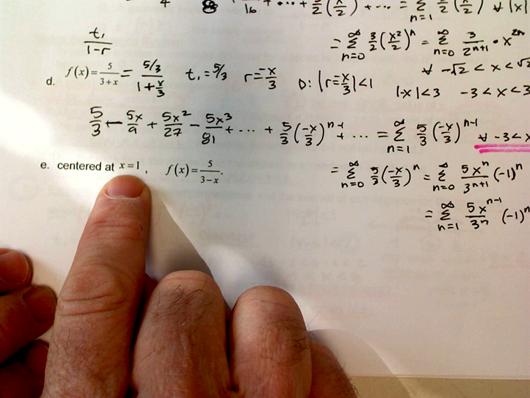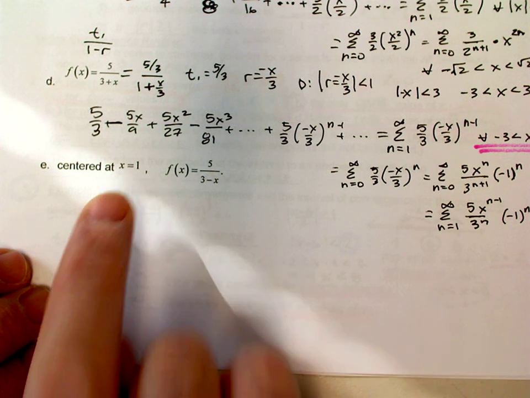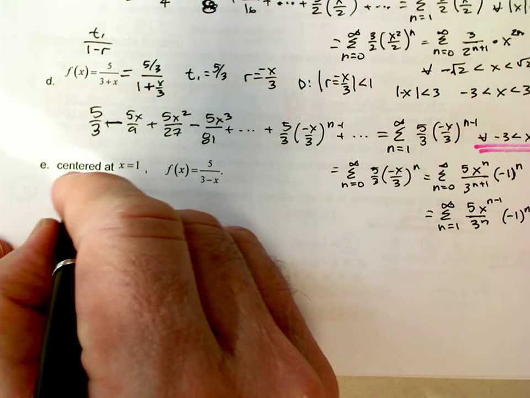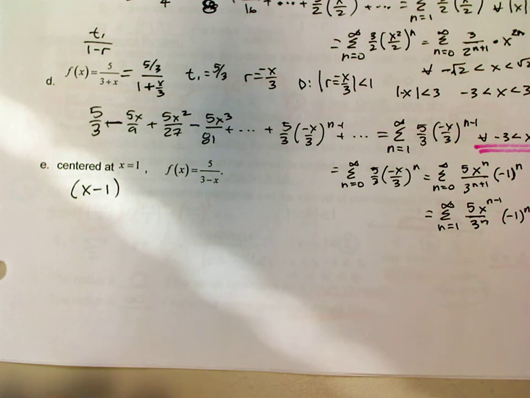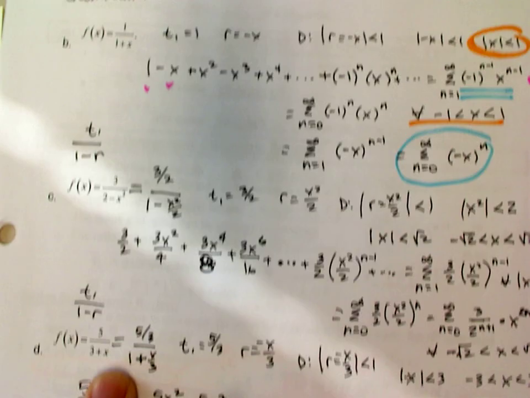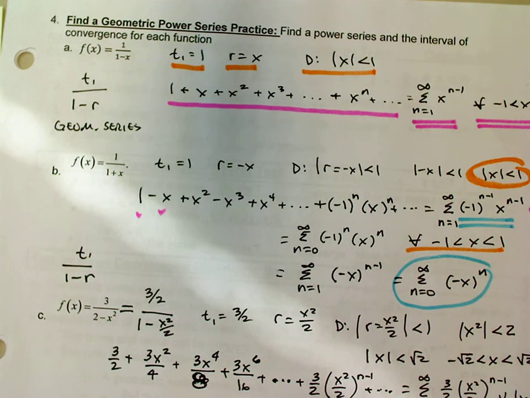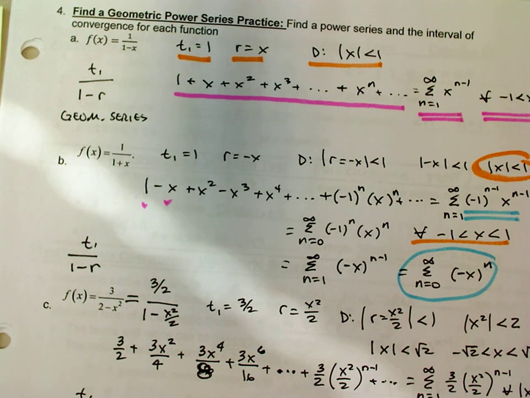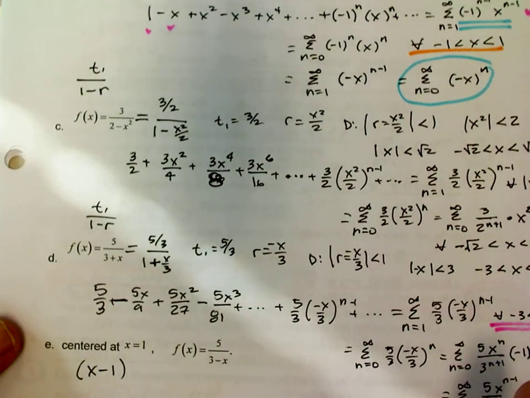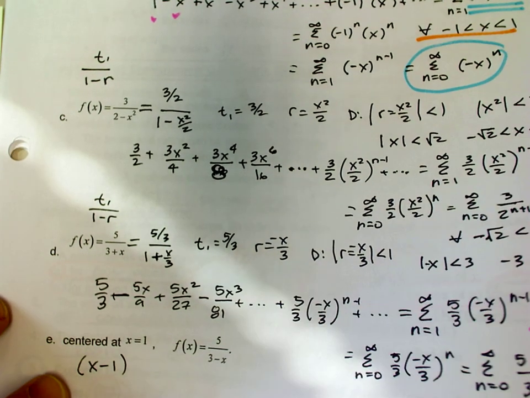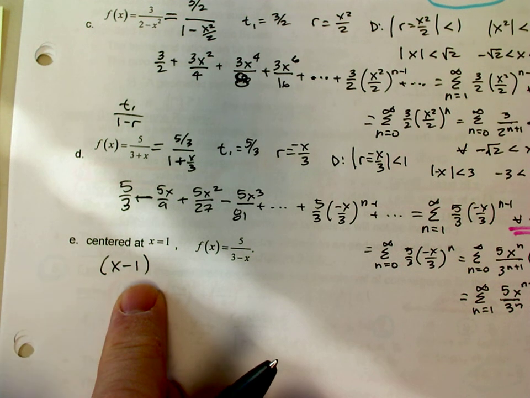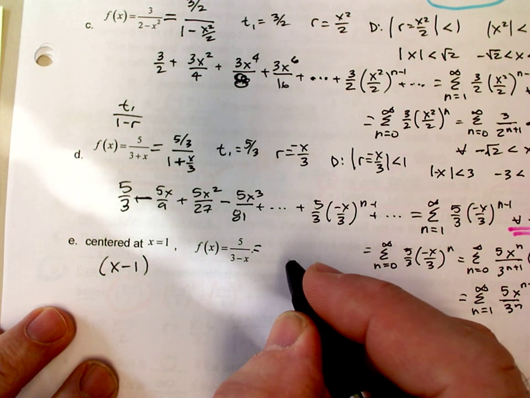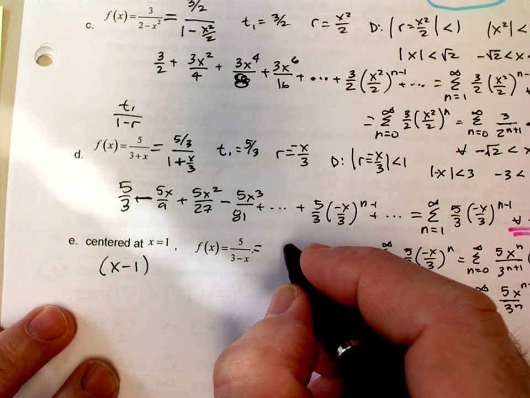So if we're going to be centered at 1, that means we need to have an x minus 1 in here. You can see we don't show x minus 0, because we are centered at 0 for those. But if we have something that's centered at 1, we're going to need to see it of this form here.